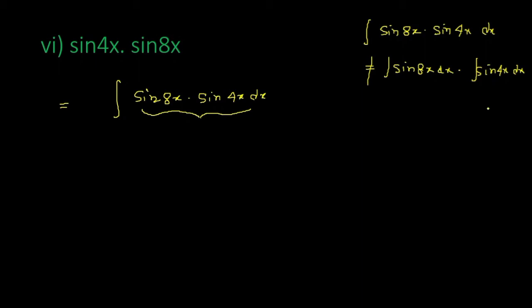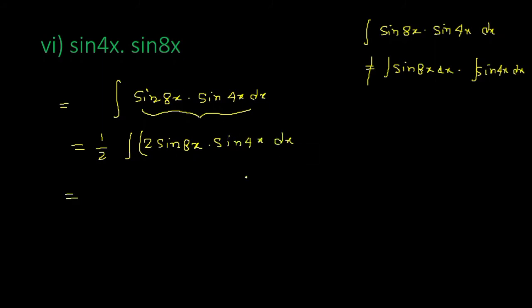So we have to simplify the result. Here we need to multiply by 2, so for that we take half outside. That will become half the integration of 2 sin 8x sin 4x dx.